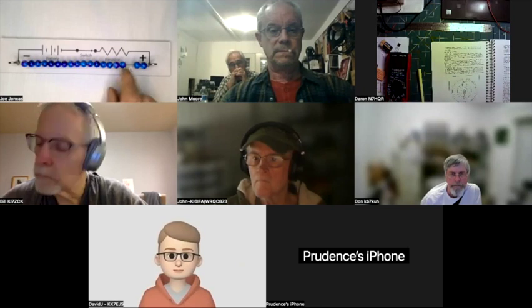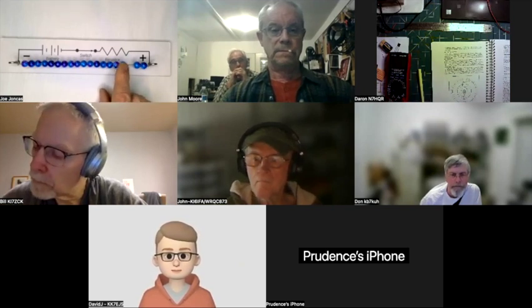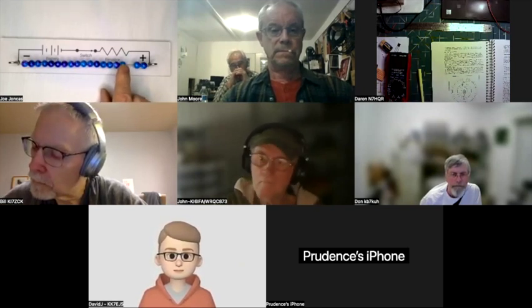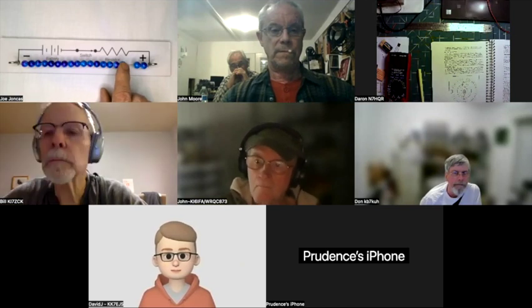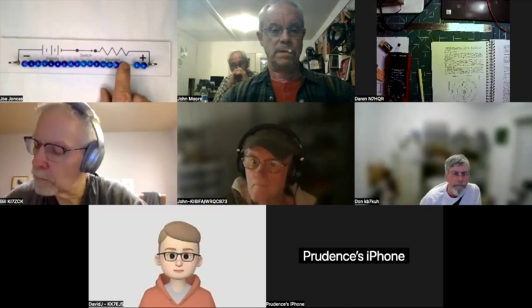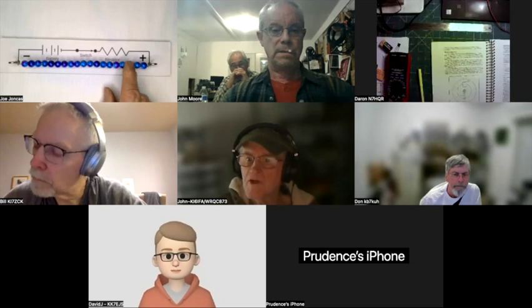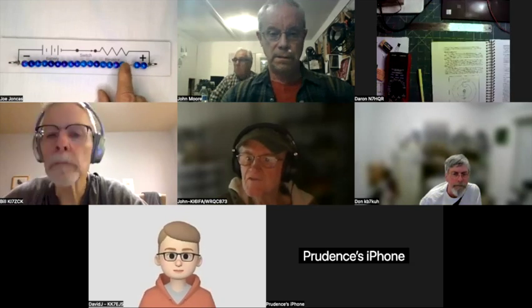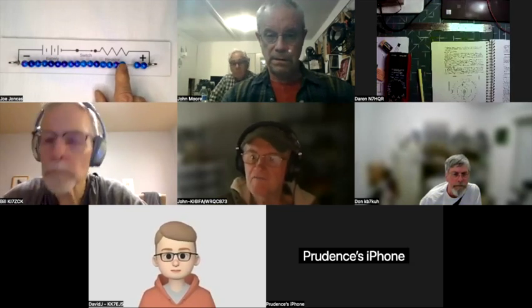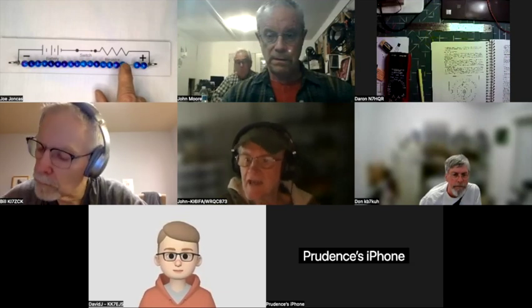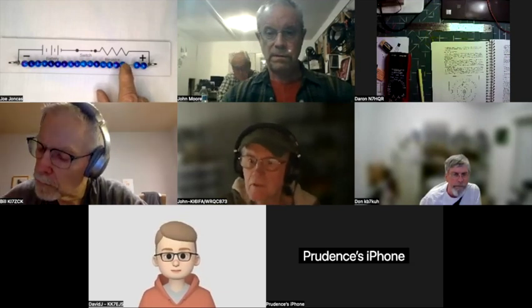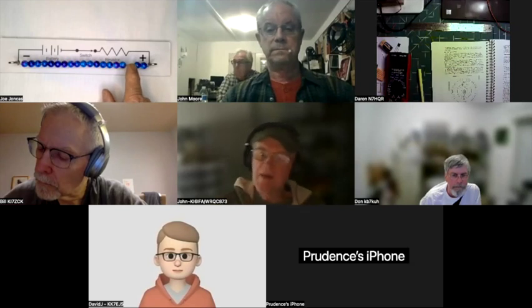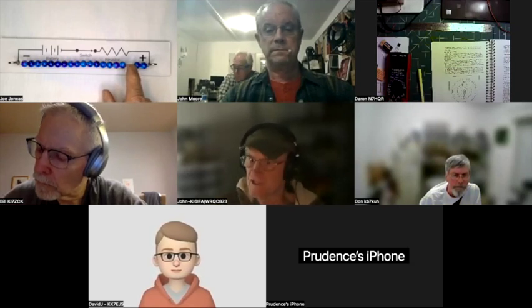Imagine all these as atoms, and electrons are flowing from one atom to the next. But isn't that first hole just a lack of an electron in that atom? Correct. So it's not really a space traveling to the left.